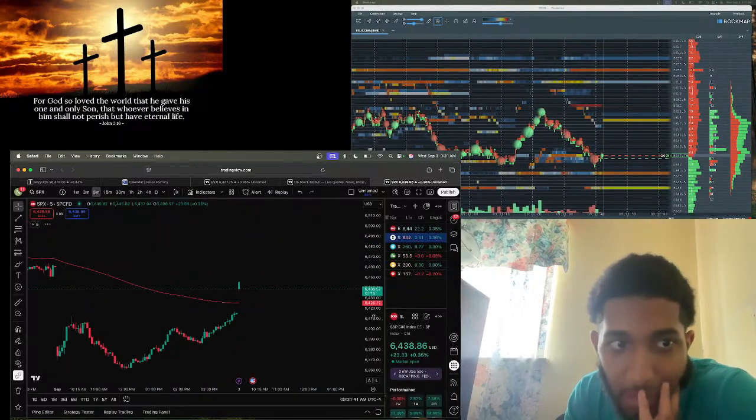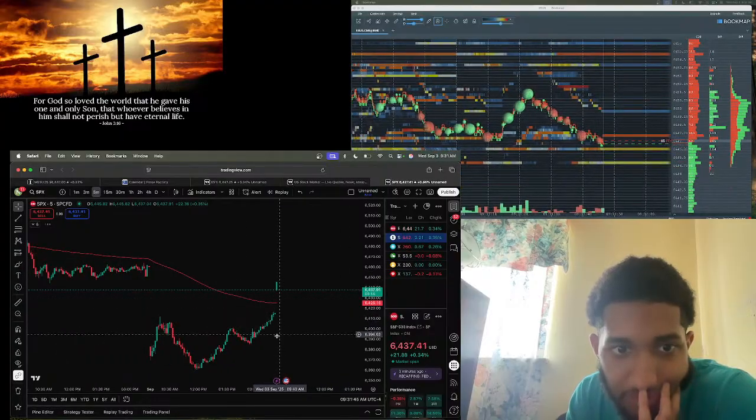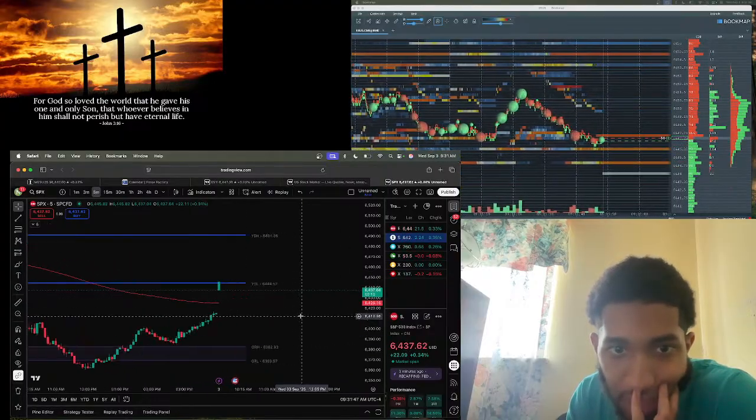Oh, we do got a gap on SPX to the downside. Look at that, fill that gap.